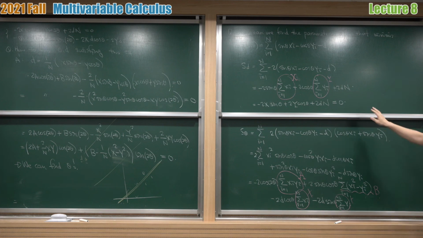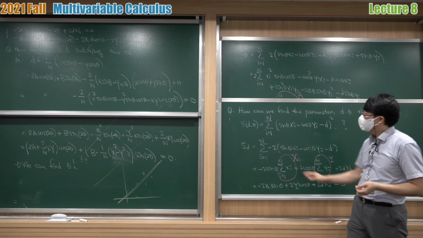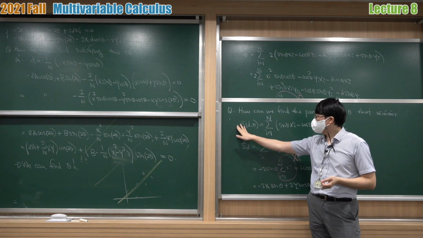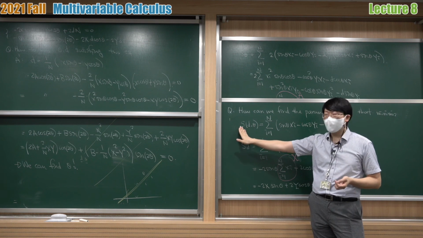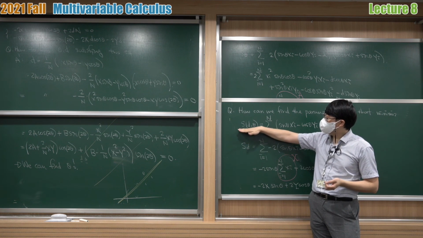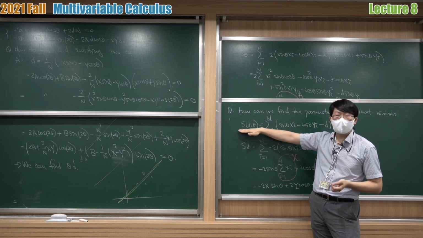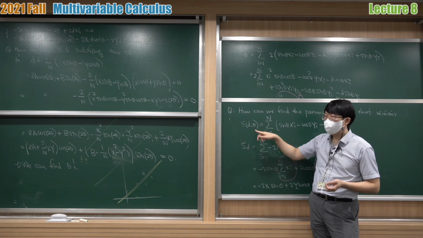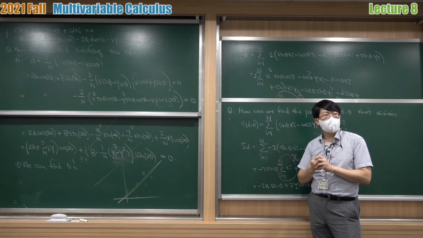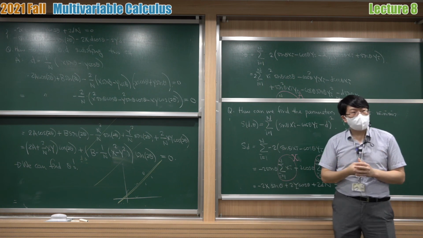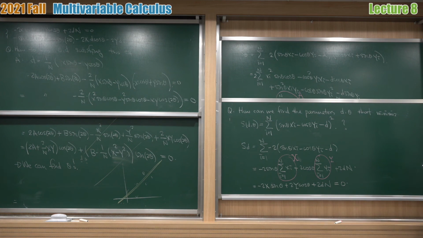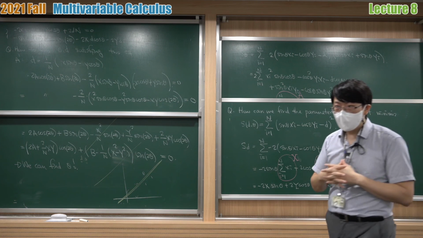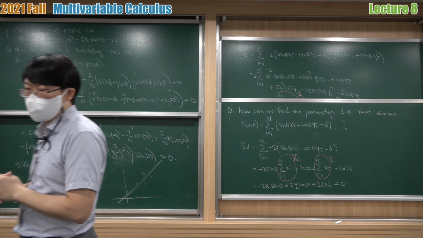So you see that d and theta are the parameters for the two-variable function s, and my purpose is to minimize the value of s. So we want to find the way to minimize s by changing d and theta slightly. The method is called gradient descent, and that's the essence of machine learning. So that's our next step.